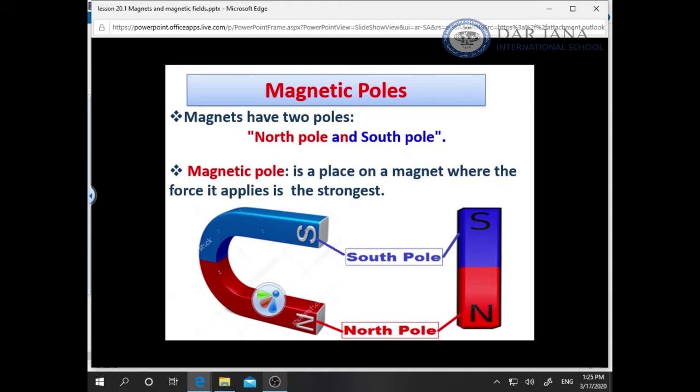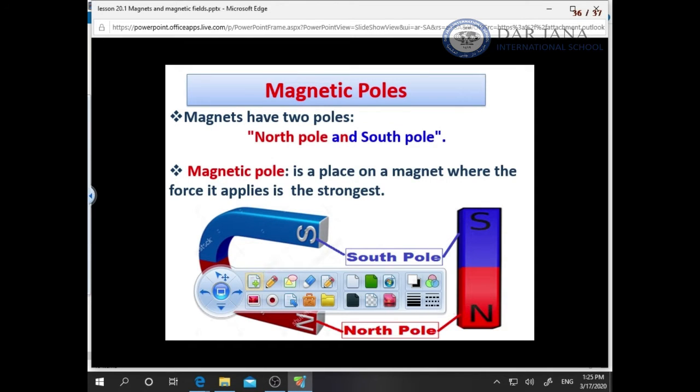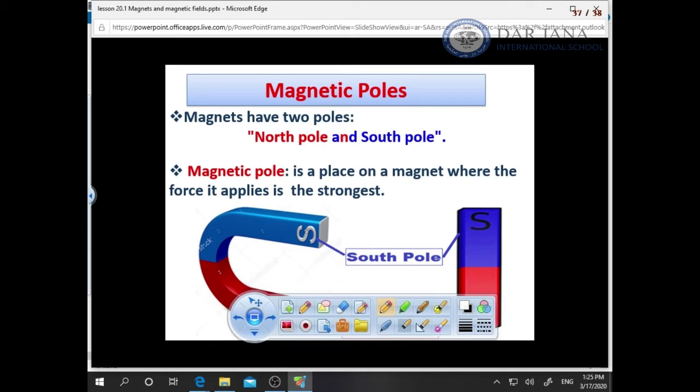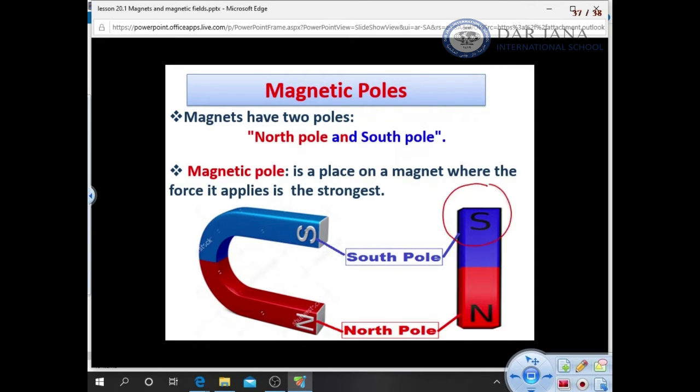What are magnetic poles? Magnets have two poles, a north pole and a south pole. As we can see here, every magnet has two poles, S and N. Between the poles there is a magnetic force. The magnetic force is very strong at the poles.